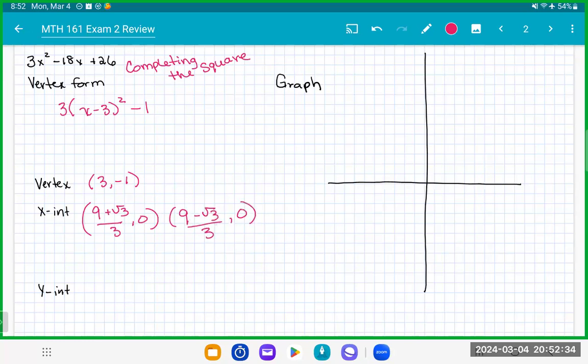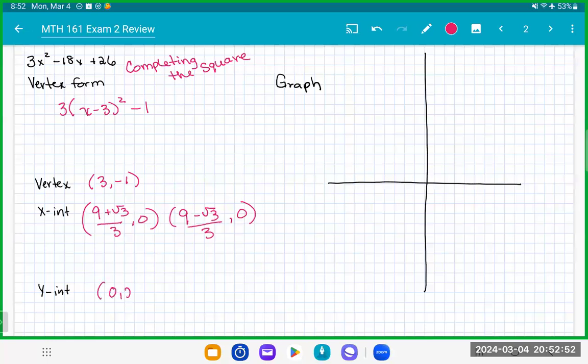Remember, and you probably noticed some of you missed points on the first exam, an intercept must have a coordinate point, not just x equals something or y equals something, okay?